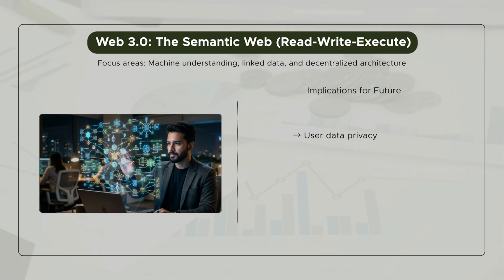With Web 3.0, businesses must prioritize user data privacy, integrate AI, integrate machine learning for enhanced insights, and consider the advantages of decentralized systems. Additionally, the threat of quantum computing emphasizes the need for Web 3.0's advanced security protocols.